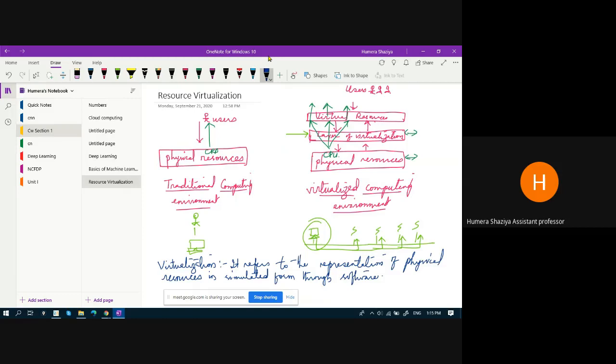Okay. Is the introduction to resource virtualization clear? Let us go to the next.